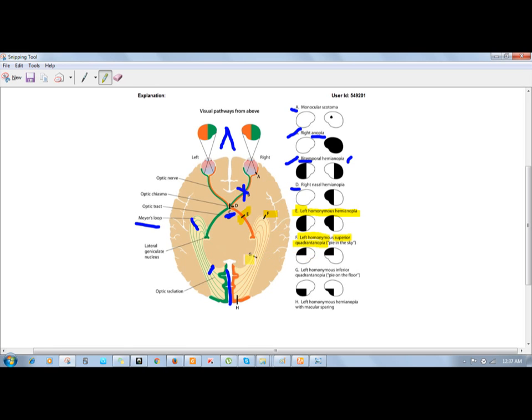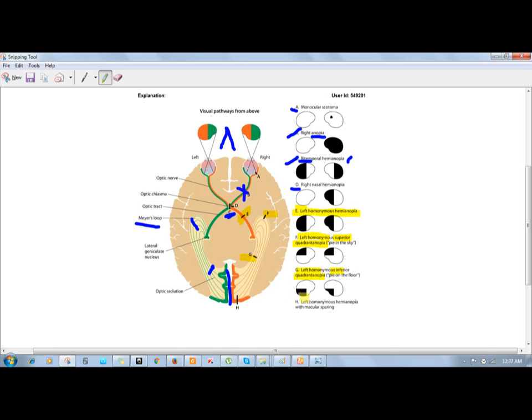If someone has damage of the dorsal optic radiation, which is responsible for information from the lower visual field of the contralateral side of vision, we'll have something called left homonymous inferior quadrantanopia, also known as pie on the floor.